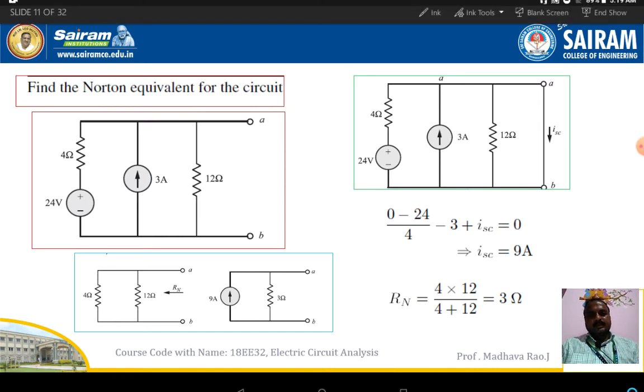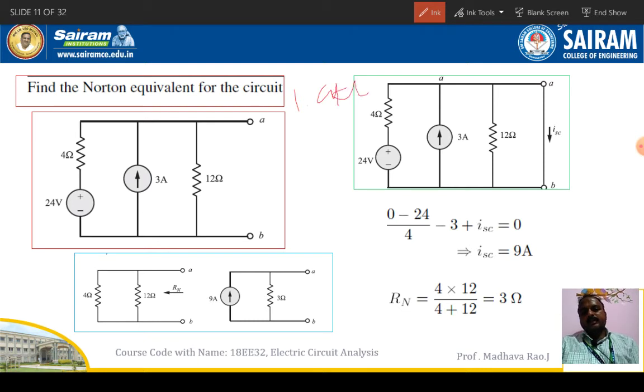So first, observe the circuit. That is the first step. Second, where the load resistor is there, we have to short circuit those terminals.